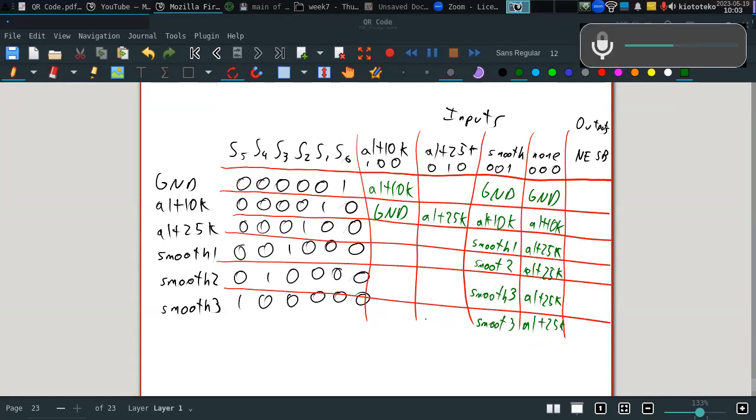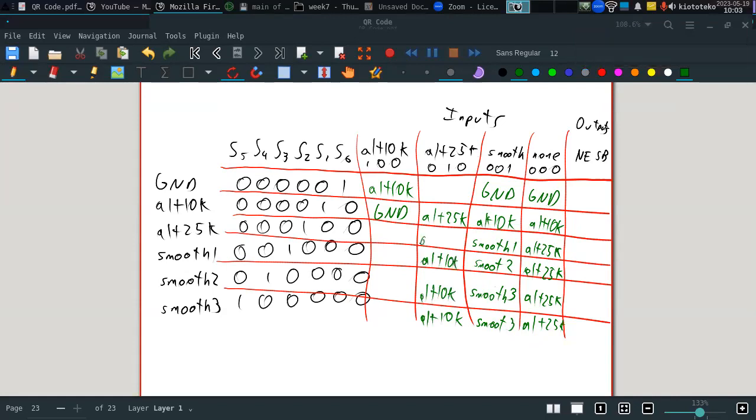And you go to Alt 10K, Alt 10K, Alt 10K, Alt 10K. And I think that will be our table. The other combinations are not possible.